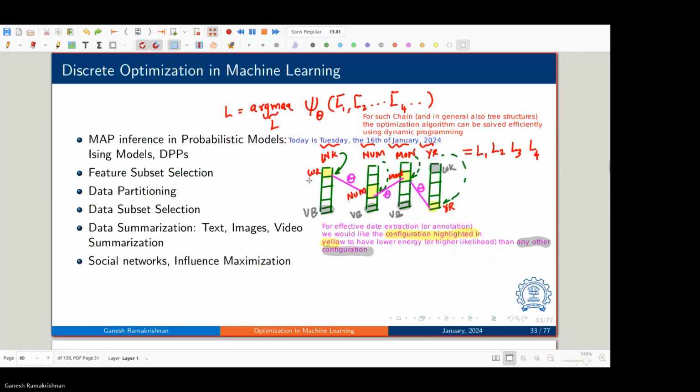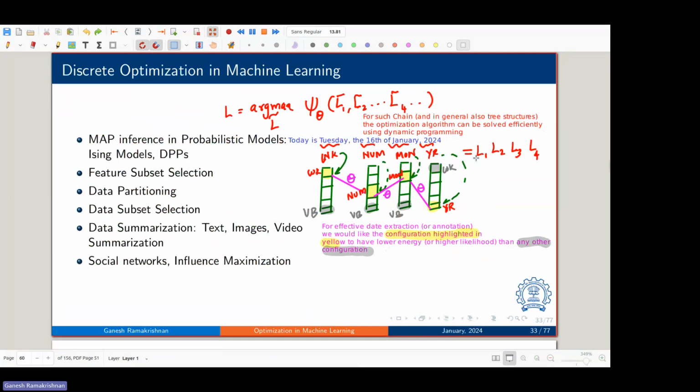So the right configuration is the one in yellow, right? Tuesday could have been someone's name. Tuesday could have been an organization's name. Likewise, 16 could have been something else, 16th floor, or 16 could also be some entity's name, and so on. 2024 could have been some other quantity, need not be a year. Could be the weight of an elephant, right?